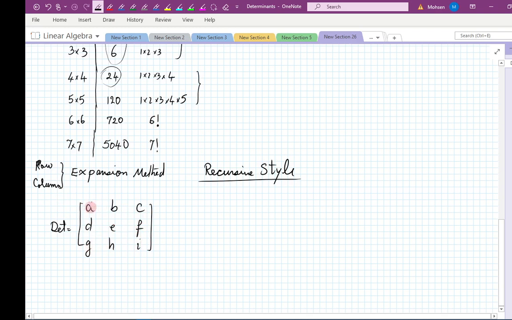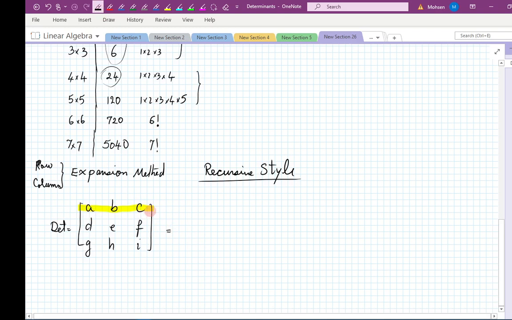Amazingly, it doesn't matter which row or column you choose, always you end up at the same answer. In practice, you be smart and use the row or column that's going to make your life easier. We are going to talk about that later on, but right now just choose any row or any column. You have no reason to pick somebody else right now, so I go and say, okay, I pick this one.